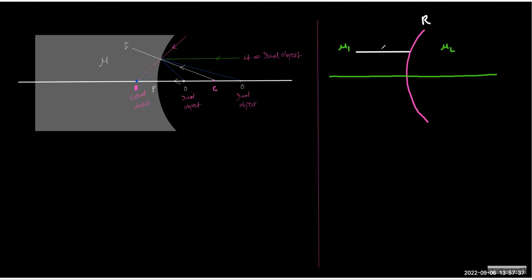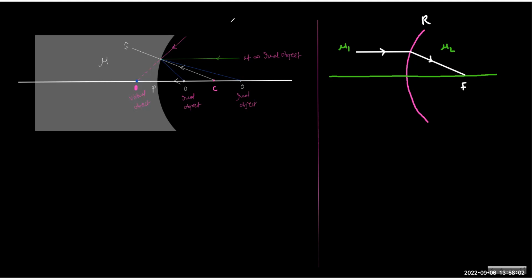Coming from infinity. So after refraction, it will meet somewhere, because anything coming from infinity will always form a real image. Yes or no? We have discussed this, right? So this is called the focus. For this beam, F is the focus.